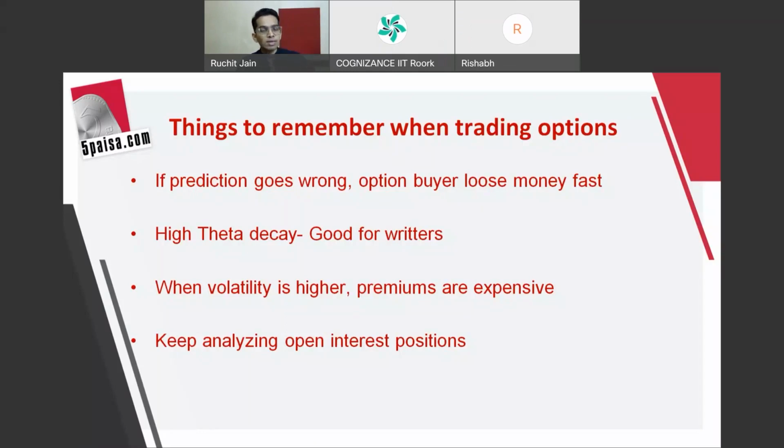Tomorrow if it shifts to the 17,300 call option, it means the resistance has changed from 17,500 to 17,300. For put options, today the 17,000 put option has the highest open interest, so that is the support. If the highest open interest now changes to 16,800, it means support has changed from 17,000 to 16,800. So keep analyzing such open interest positions. That will help you a lot in selecting the strike price and everything.